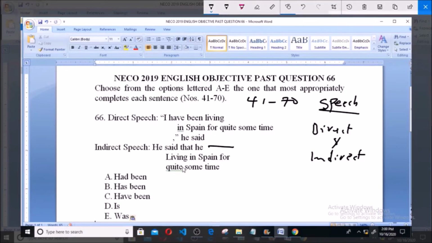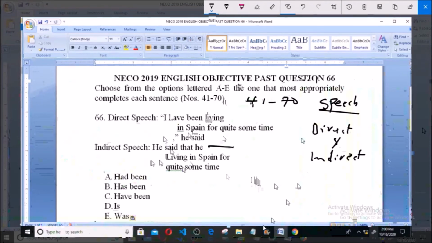Remember, under the class of adverbs we have different classes: adverb of time, adverb of place, adverb of manner, adverb of frequency, and so forth. So we have this: I have been living in Spain for quite some time, he said. Then he said that he dash living in Spain for quite some time.